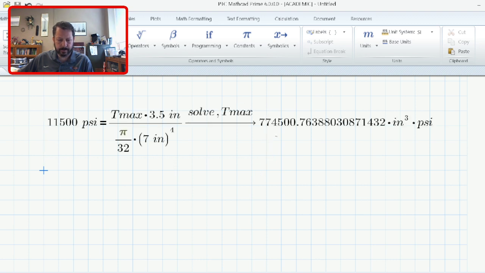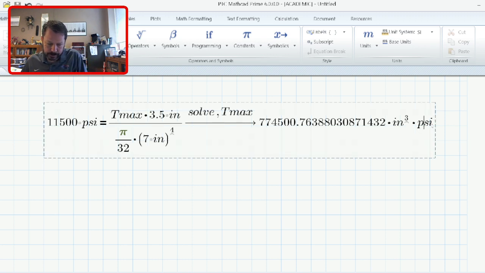It did pop it out, but it gave us some weird units, inch cube PSI. Not sure why it decided that's the correct unit, but let's convert those. Can I just tell it I want it in foot pounds?